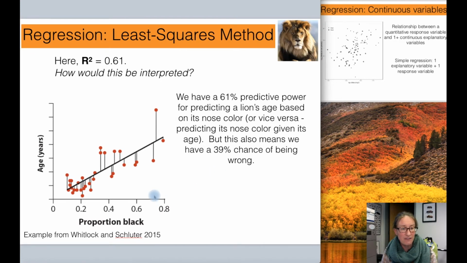So for example, if we have a lion with a nose that's about 75% black, notice that we have some lions that are much younger and some lions that are a lot older than what we would predict based on that nose color. So there is some room for error with an R-squared of 0.61.